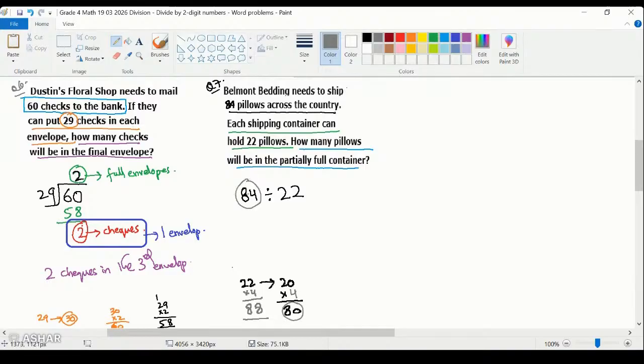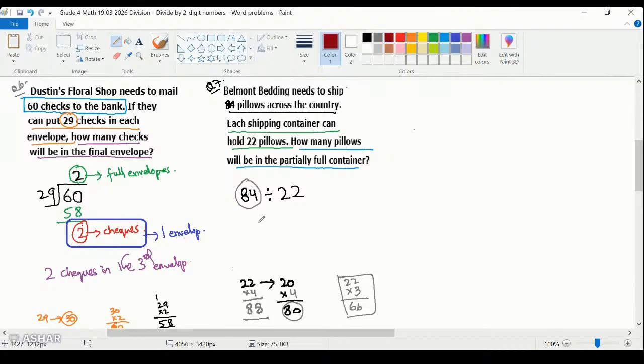So when we multiply 22 multiplied by 4, 22 multiplied by 4 was 88. That means we don't have 88 pillows to be shipped. Let's see 22 multiplied by 3. That is 66. 66 is a smaller number that can be used.